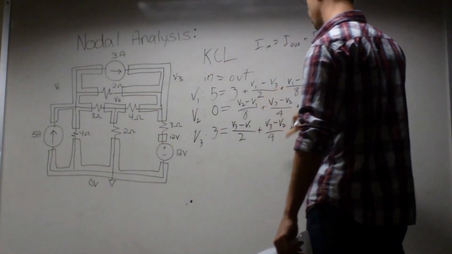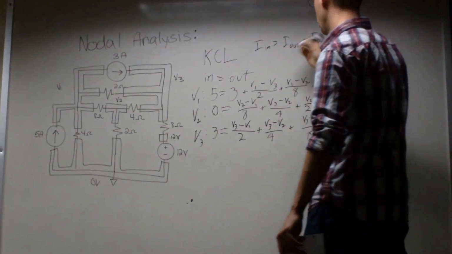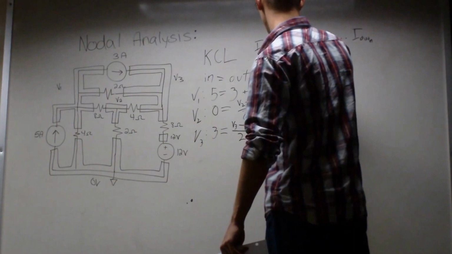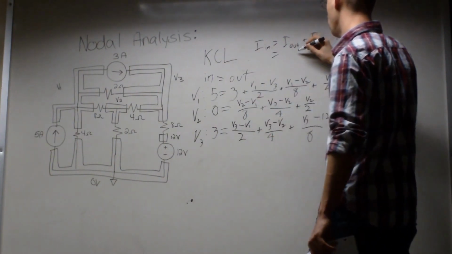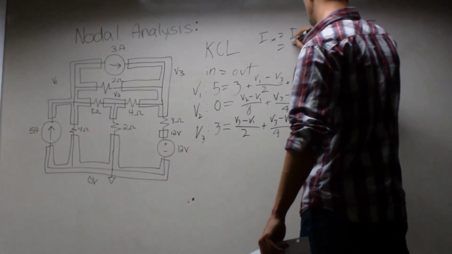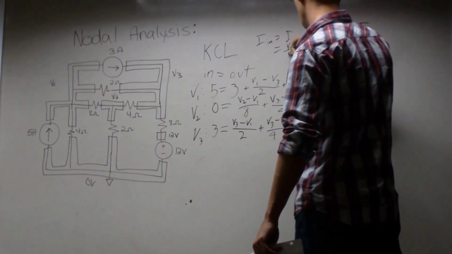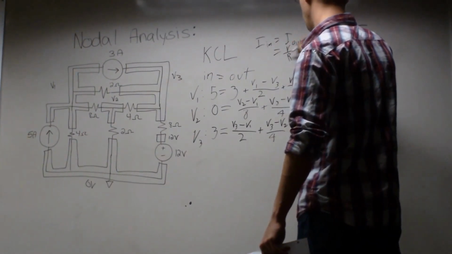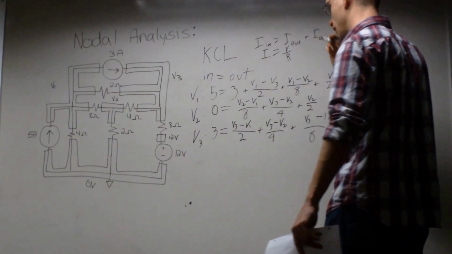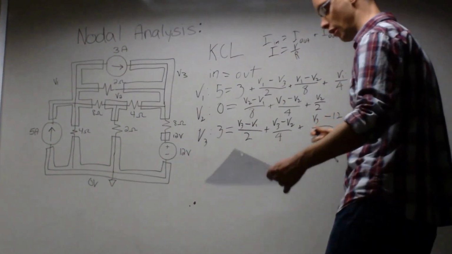But expressing it this way is using Ohm's law, so instead of I out, you have the difference in voltage over your resistance, which brings back to Ohm's law, which is I equals V over R. So that's just the theory.